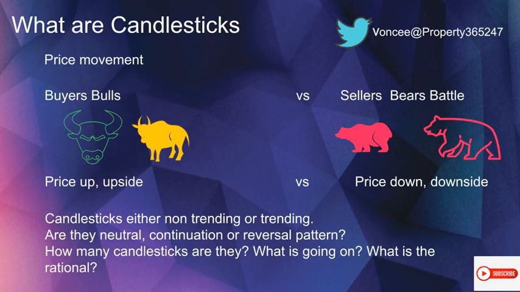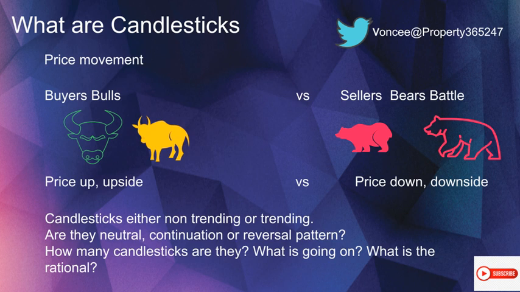So the first one here, when we're thinking of candlesticks, what exactly are you thinking about? You need to start thinking about the sellers and the buyers. What we're thinking of is the buyers versus the sellers. The buyers will push the price up. Just think of it in a logical manner.